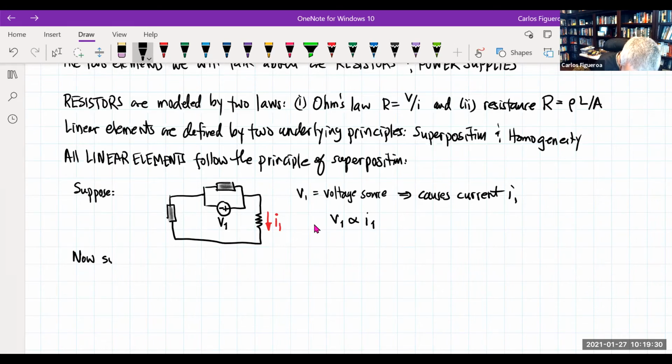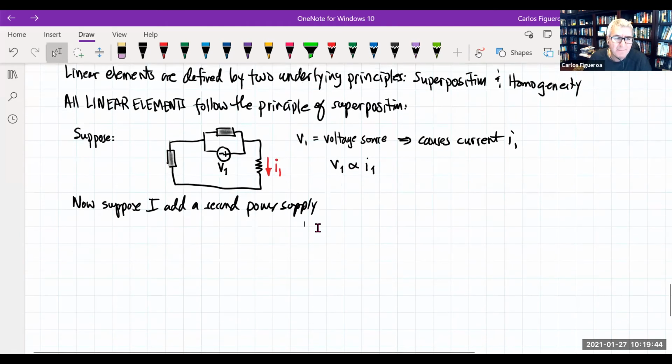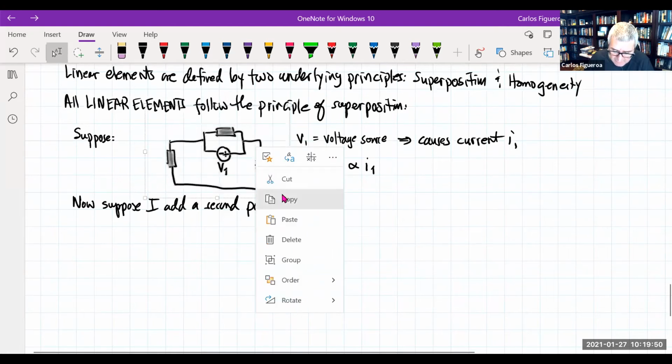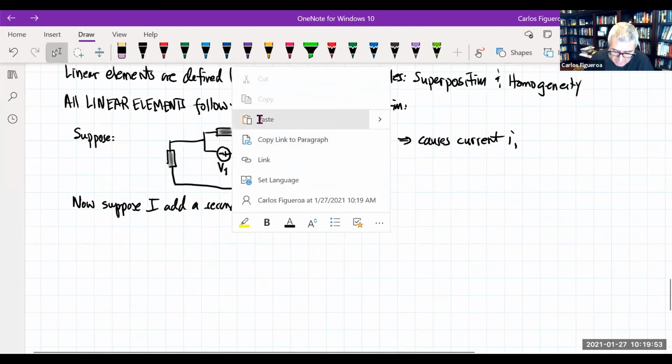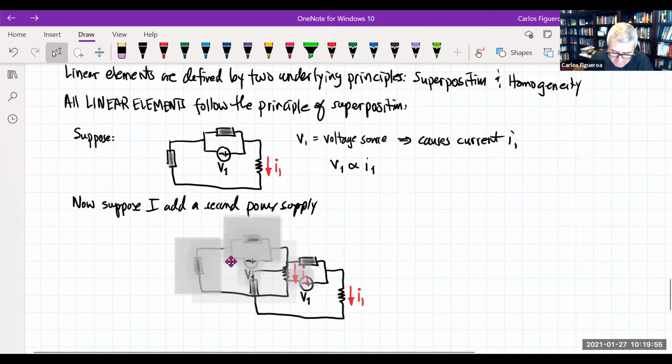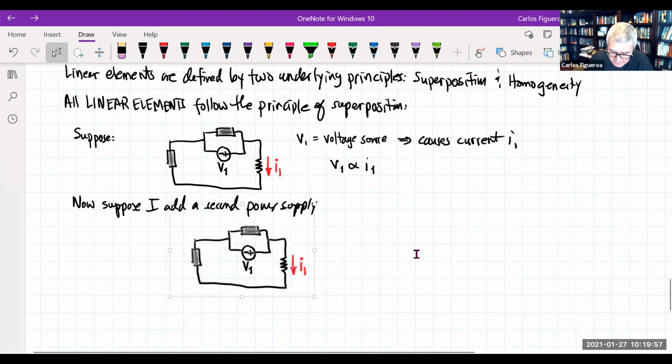Now, suppose I add a second power supply. I could add it anywhere I want, and I could make it as complicated as I want. So I'm going to highlight this and make a copy of it and bring it down here. I know I'm probably annoying some of you, but it's okay.